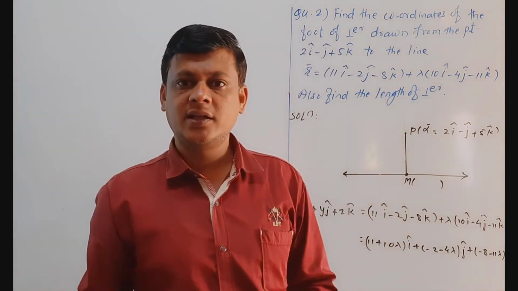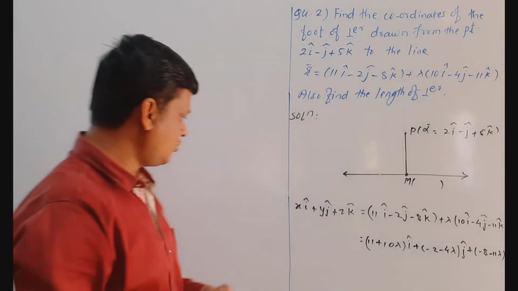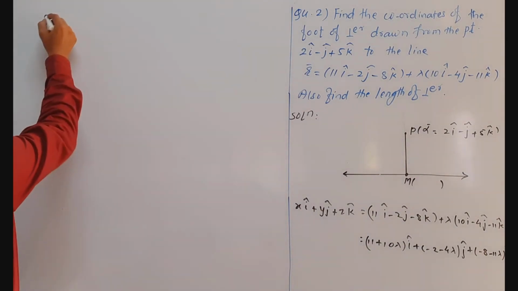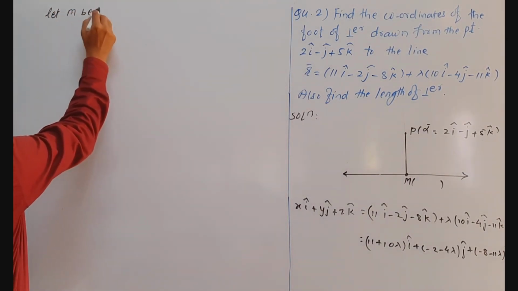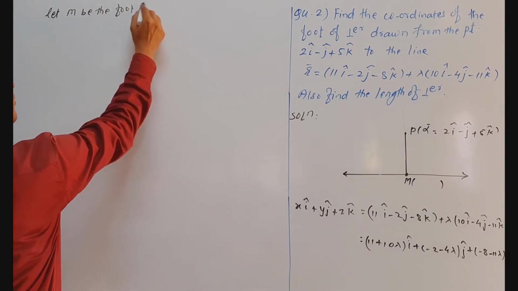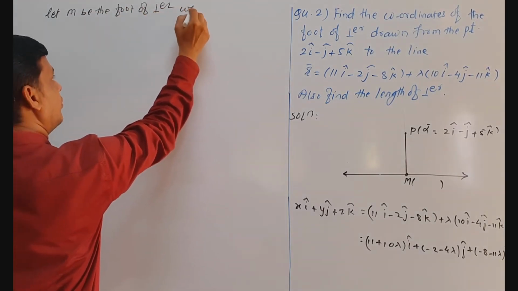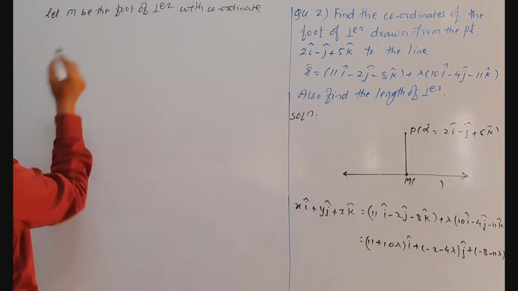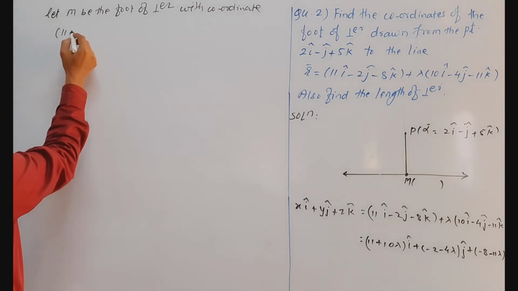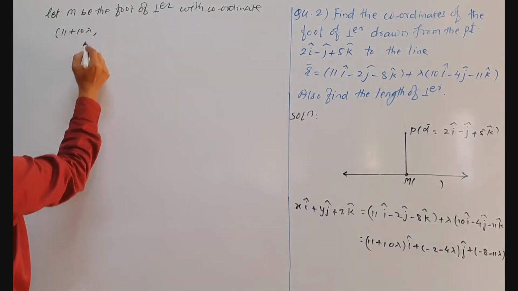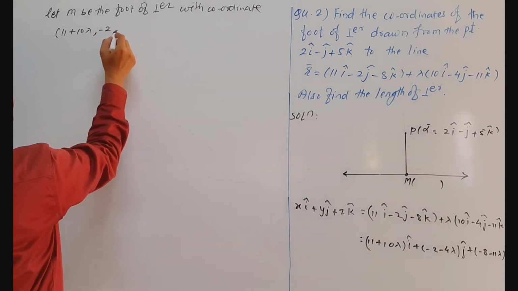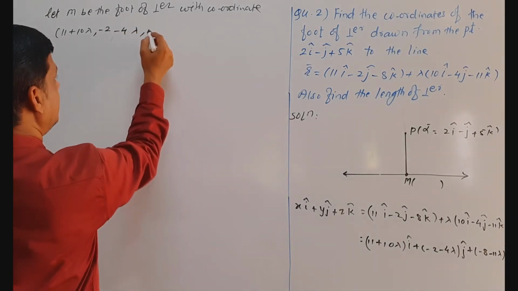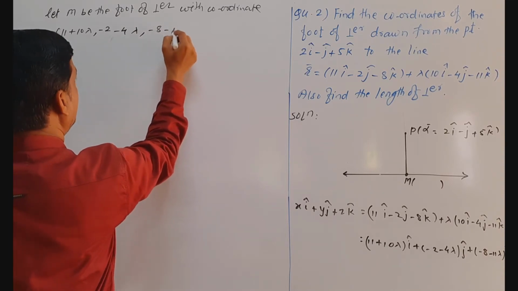So we have to find the value of lambda and substitute that value, we get the coordinate of point M. So we write here, let M be the foot of perpendicular with coordinates 11 plus 10 lambda, minus 2 minus 4 lambda, minus 8 minus 11 lambda.